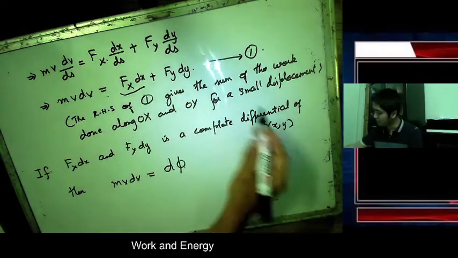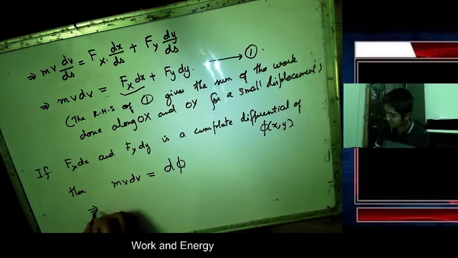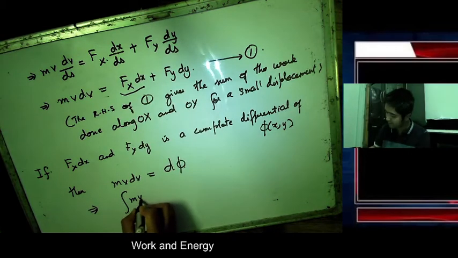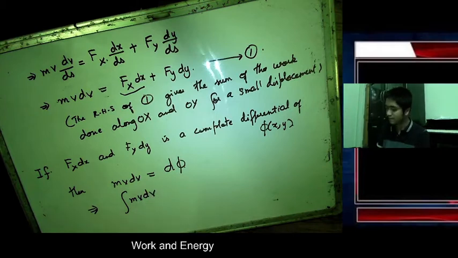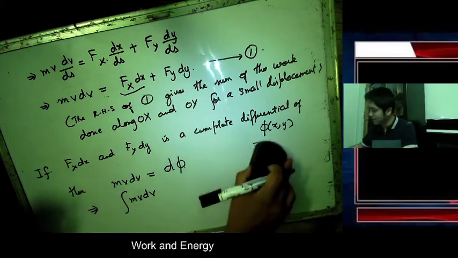This one will be equal to d phi, for a very small distance. What will happen over here?